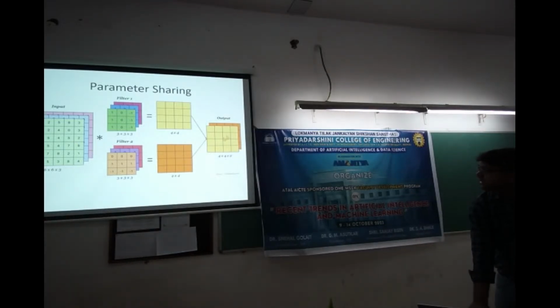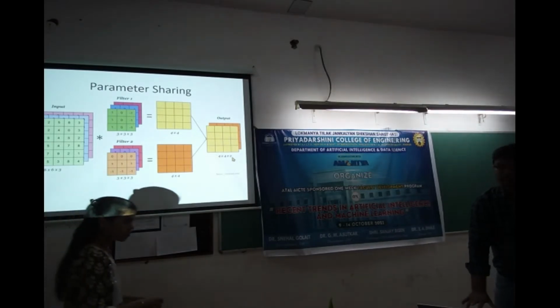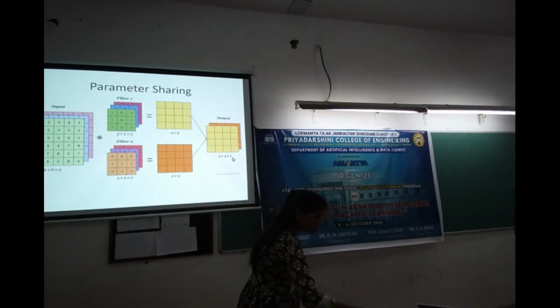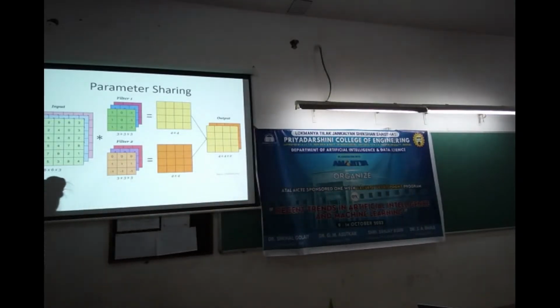These outputs are cascaded in a depth-wise fashion. So the shape of the output is 4 cross 4, and why is the depth 2? Because we are applying two filters. So the total number of parameters associated with this operation is nothing but 28 multiplied by 2. 28 parameters are associated with the first filter. Similarly, 28 parameters would be associated with the second filter. 28 plus 28 like this.